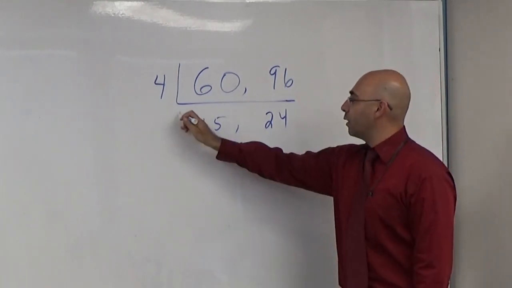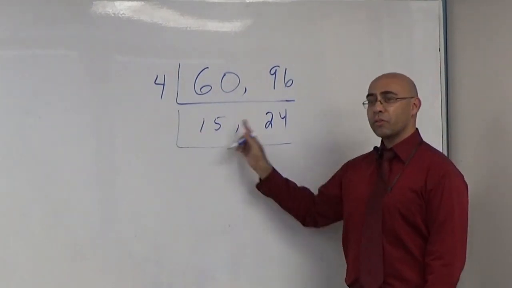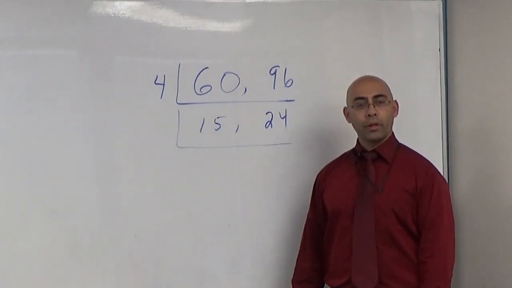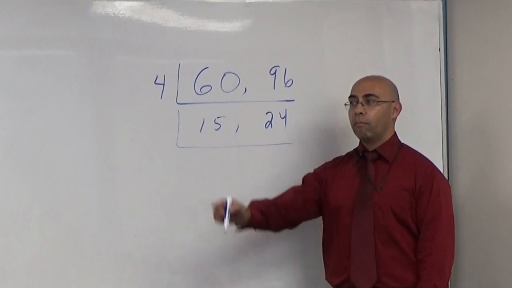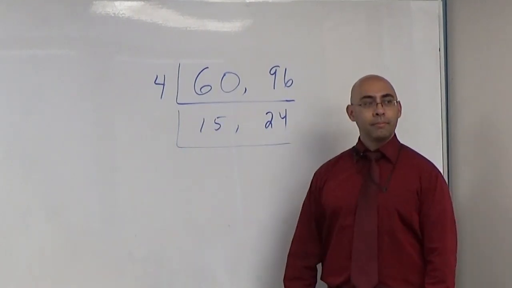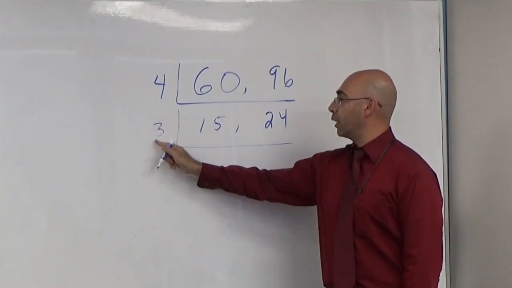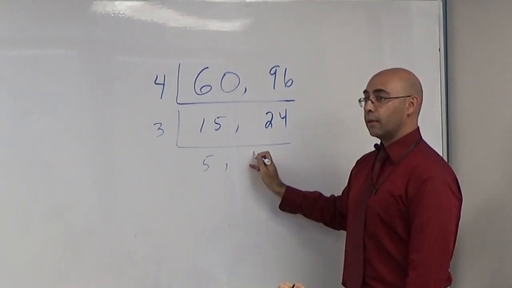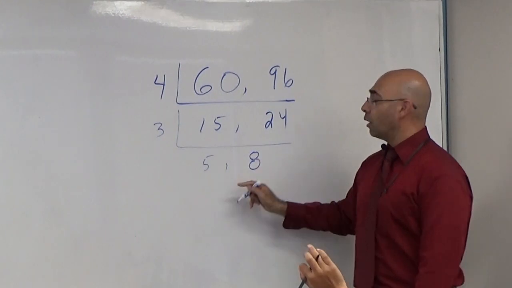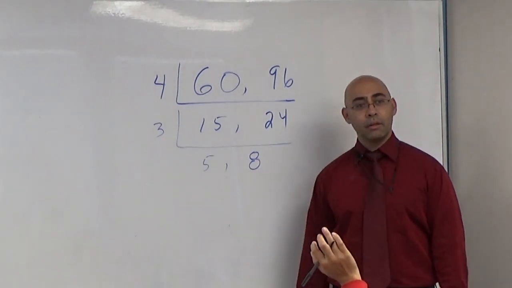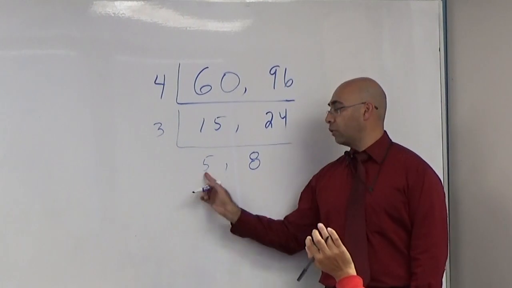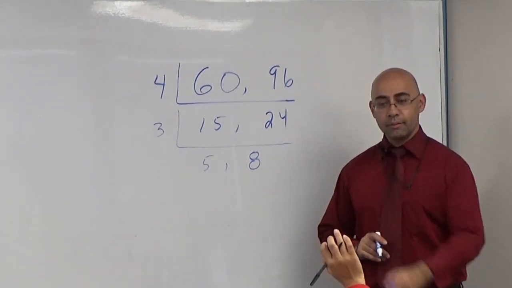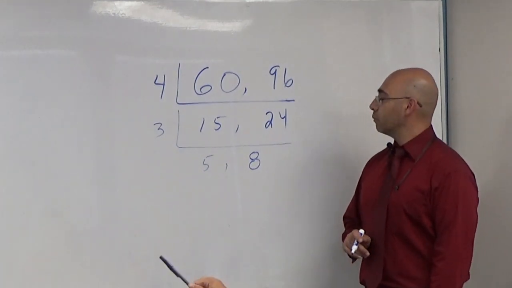Now I just asked myself this: can I reduce 15 and 24? What can I reduce 15 and 24 with? Yes, ma'am, 3. I can divide 15 by 3 to get 5. I can divide 24 by 3 to get 8. What can I reduce 5 and 8 with? 2 can't go into 5. 5 can't go into 8.